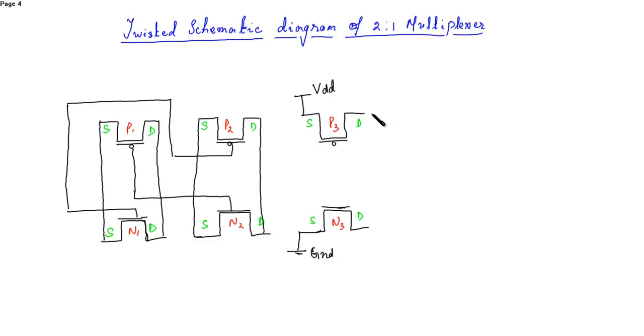The two drains are shorted, so connect these two. Similarly with the gate, the input is S, that is the select line. This is S bar.